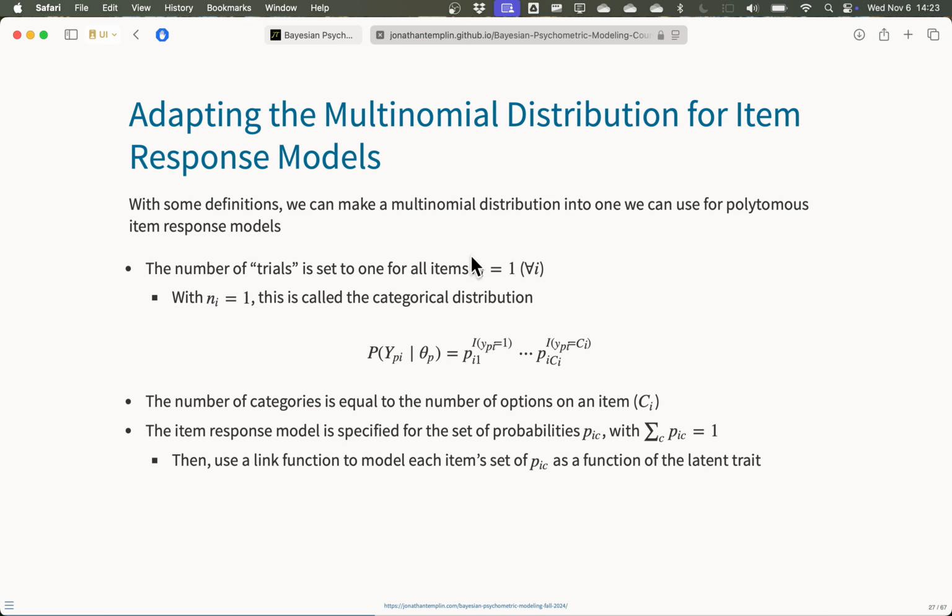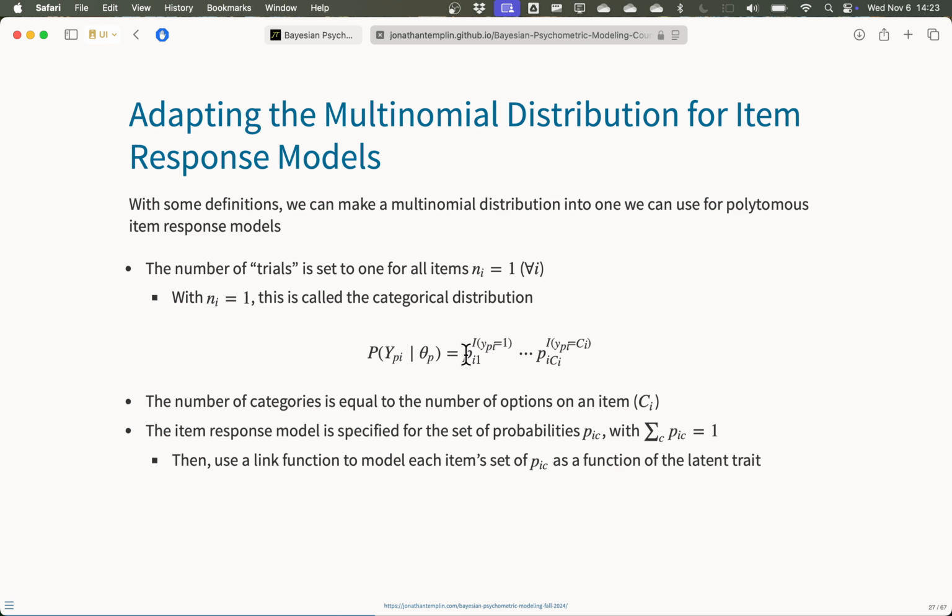If you only have one trial, this is sometimes called the categorical distribution, and the likelihood function simplifies: the normalizing constant disappears, and everything you see here is the probability for each outcome category raised to the power of an indicator function. If that category was observed, this raises the probability to a 1. If it wasn't observed, it raises it to a 0, making it go to 1.